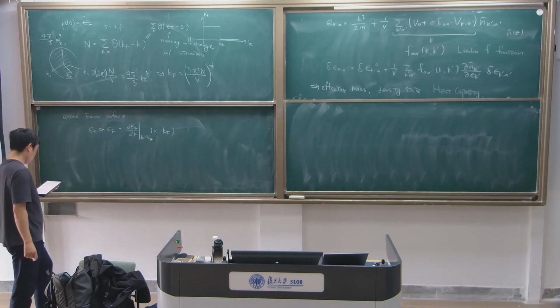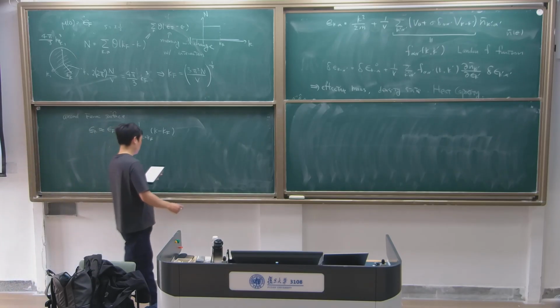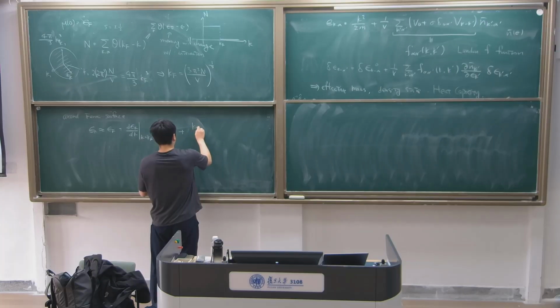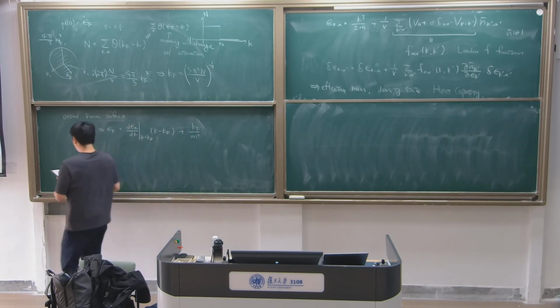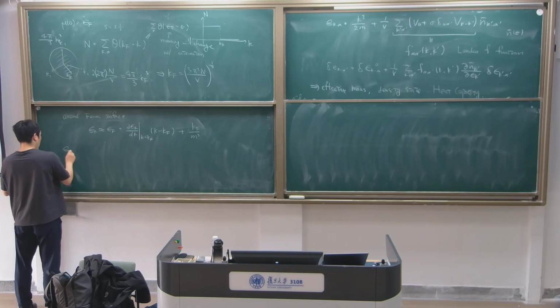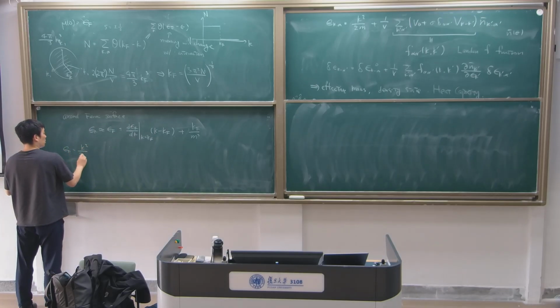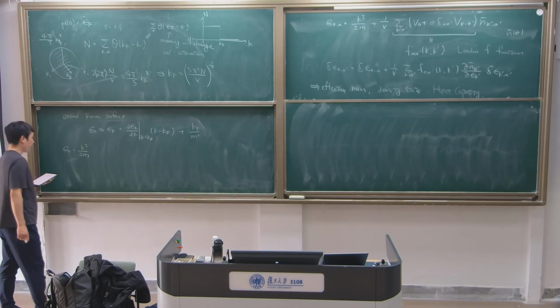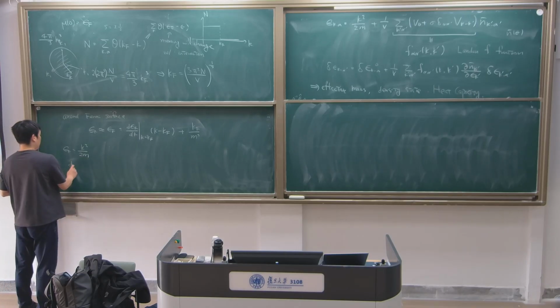It will change this way, and this one is equal to... so recall the epsilon k. So it's a formula. Okay, so now for d epsilon k over d k at k equal to k F.